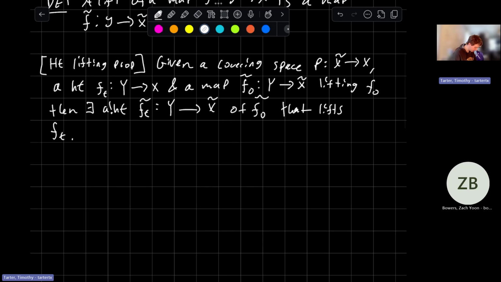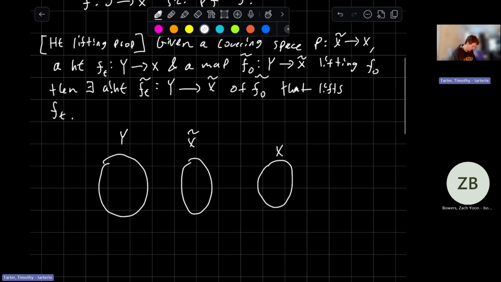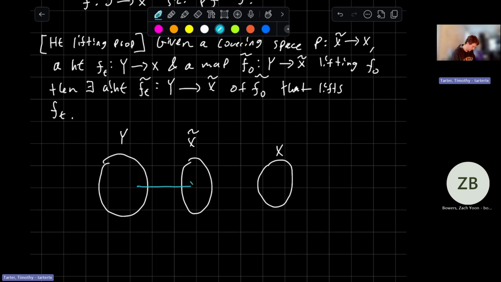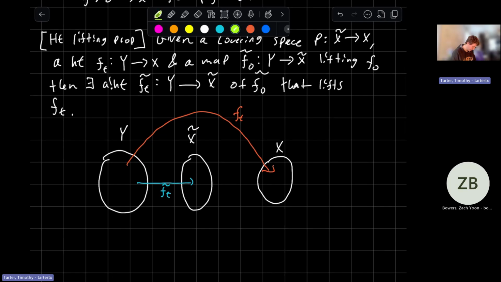So we have a covering space. We have a homotopy from y to x. We have a map y to x tilde to x. So f_t is here, and then we have the lifted f_t tilde, and then we have f naught.